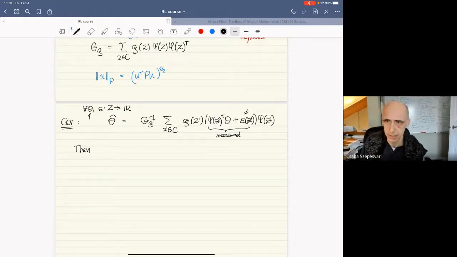So that's the understanding that epsilon is an error. And so basically we want to say that with the least squares solution, we can predict using the features pretty well whatever prediction would come out with theta. Okay.